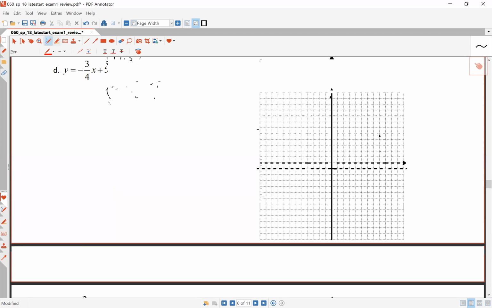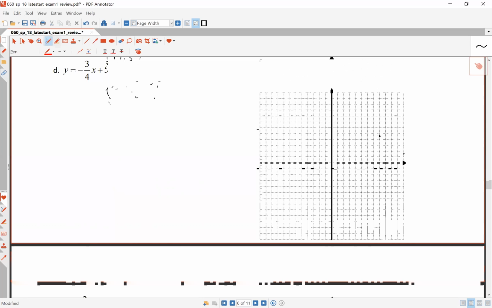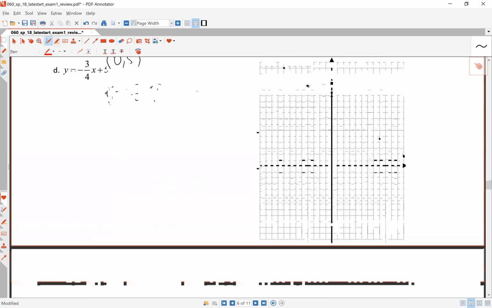Now I put some points in the upper left by rising 3 and running left 1, 2, 3, 4. And so I use a straight edge to draw the line straight through all those points. And there's my line.